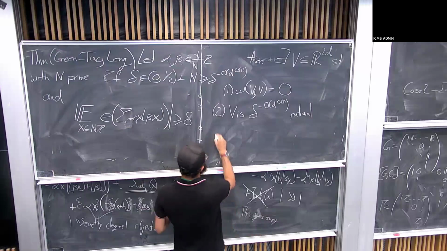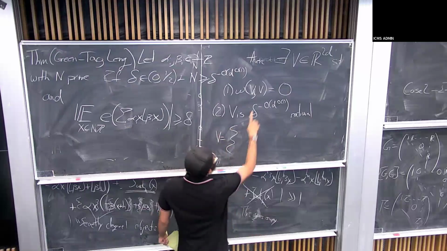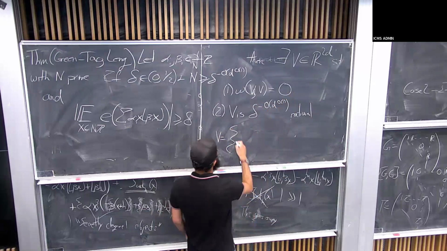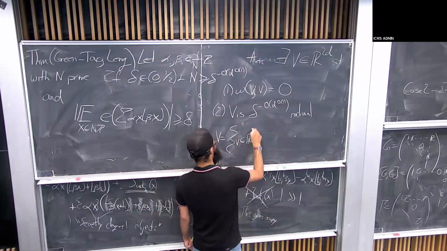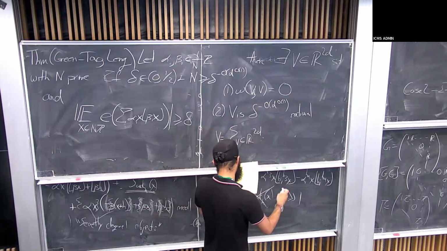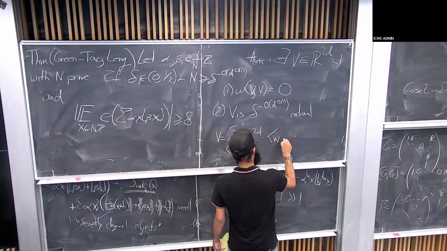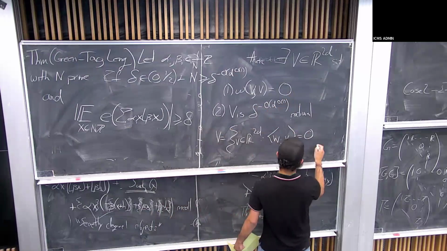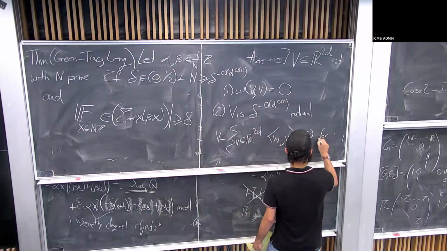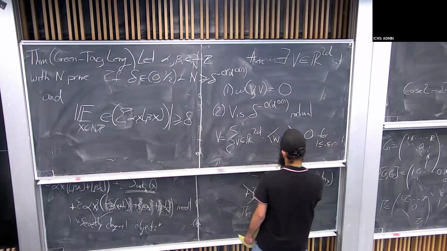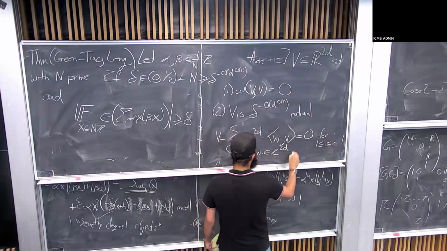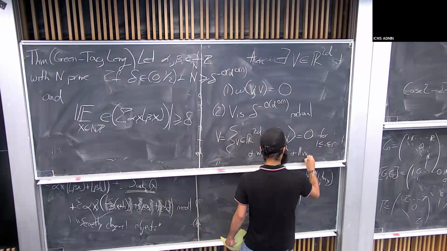This means that V, which I've identified as a subset of R to the 2D, you can just write as an intersection of kernels of vectors that are kind of short. So it's V in R to the 2D such that omega of Wi comma V is equal to 0, for 1 less than I less than R, and the Wi are integer vectors, and they're not too long.